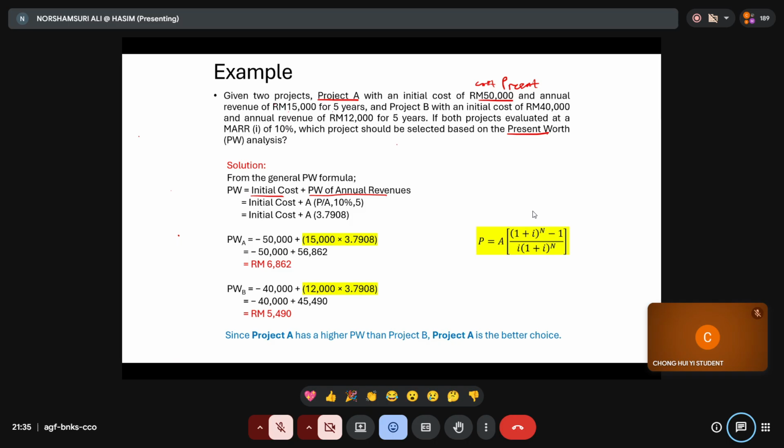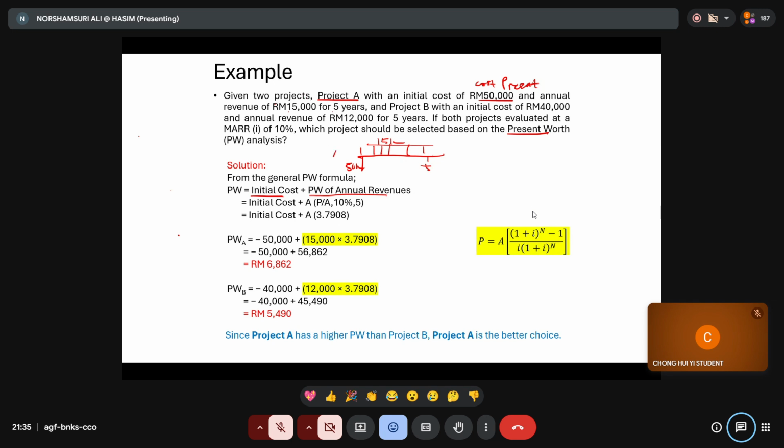So if you take project A in the timeline, you have the initial cost of 50K in year one, and then you get revenue of 15K until 5 years, and that's all.